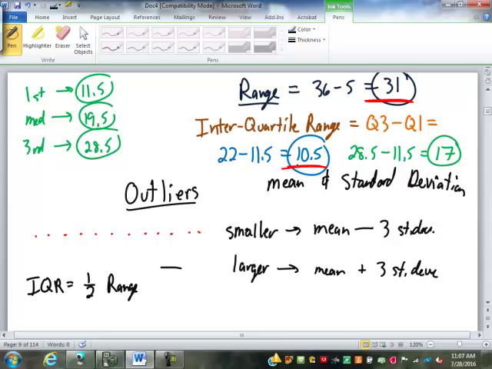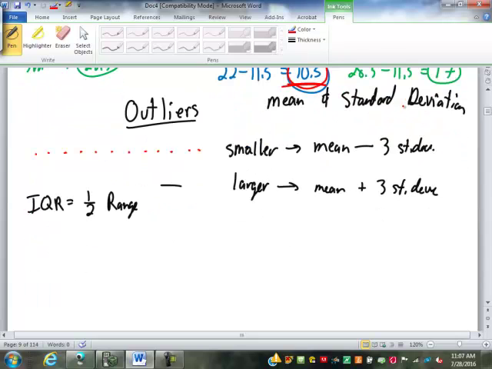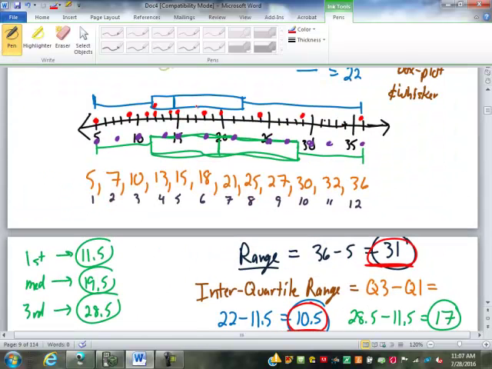Now here, for our first set of data, for the blue set, the interquartile range was less than half. What that means is the points got a little closer together in the middle. If you look at it, that makes sense, because the points are definitely closer together towards the middle of our data here.